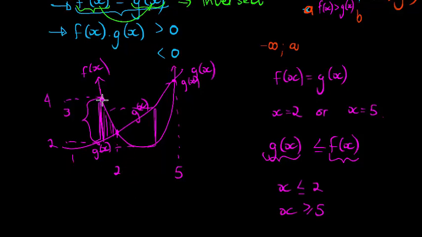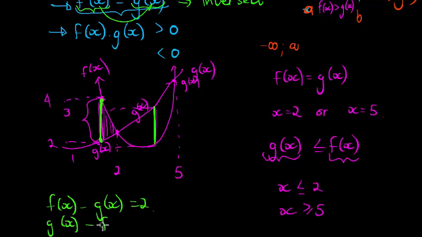We can see that at this point, and let me just change the color, at this point we have a distance of 2, but f is bigger and g is smaller, so f(x) minus g(x) will equal 2. Here g(x) is bigger, so g(x) minus f(x) is equal to 2.